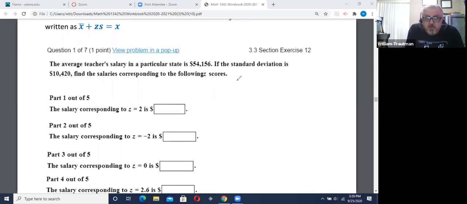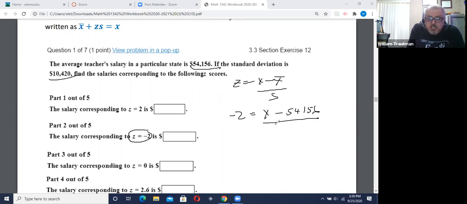Once again, the formula Z equals X minus X bar over S. The Z now is -2. X is what we're looking for. The average was up here, 54,156. And the standard deviation was 10,420.